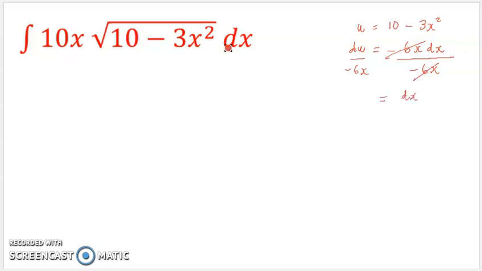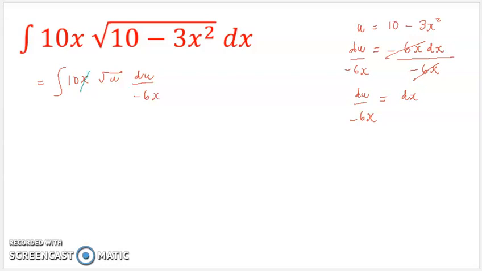And we have dx as du over negative 6x. Now we rewrite our problem, replacing this with u and replacing dx with du over negative 6x. So we have 10x square root of u, then du over negative 6x.